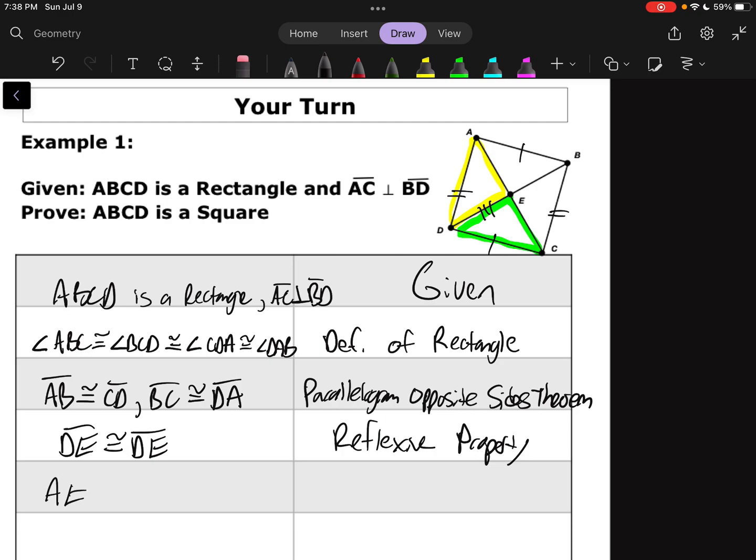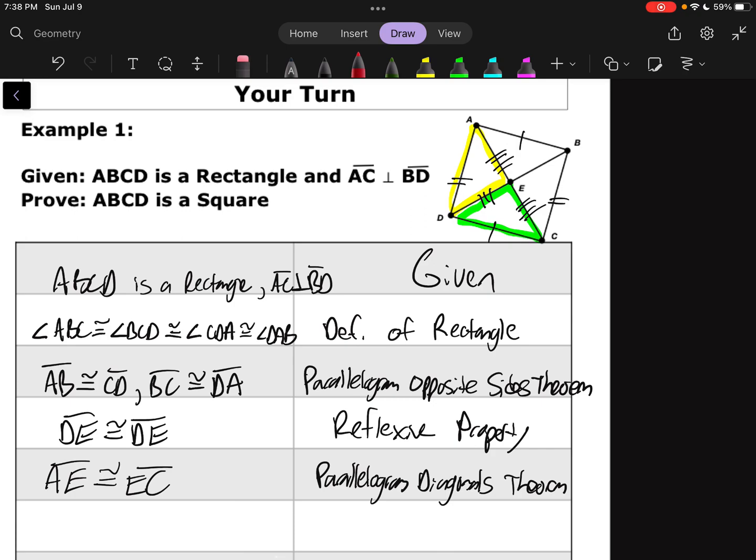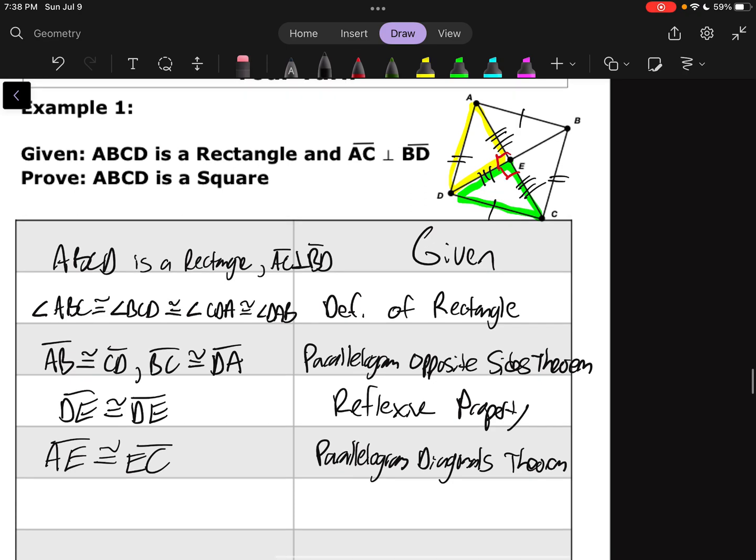I know that AE needs to be congruent to EC because the diagonal gets bisected in a parallelogram. It's the parallelogram diagonals theorem. And on top of that, I got some right angles in there since those diagonals are perpendicular from the given.